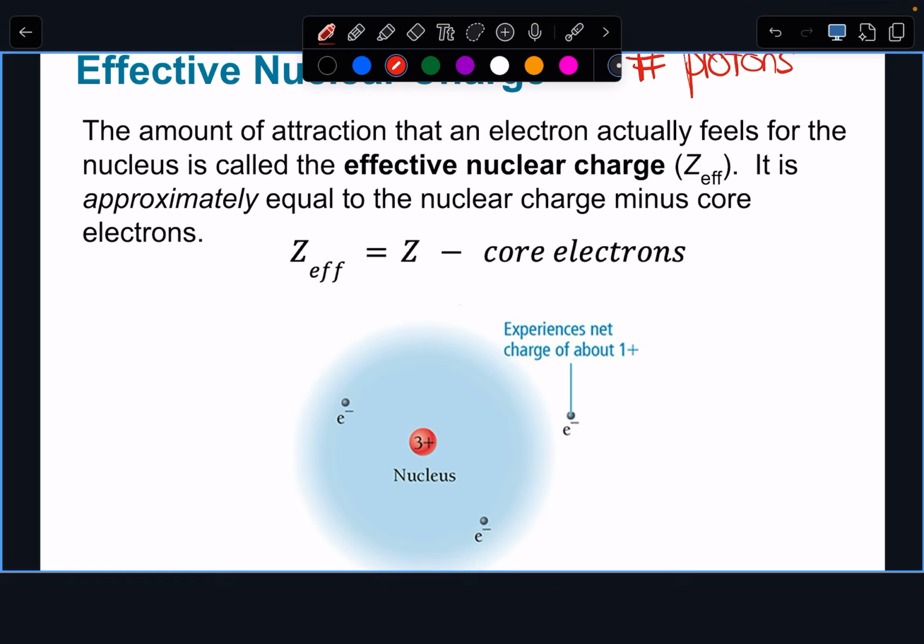So we say minus 10, and our Z effective is just 1. So that valence electron feels about the same attraction to the nucleus as does hydrogen. They're pretty much the same as far as how tightly held they are to the nucleus. And this shouldn't be that surprising. When we go down, or let's actually go up so I don't have to draw as much, let's look at lithium. So lithium has 3 protons.